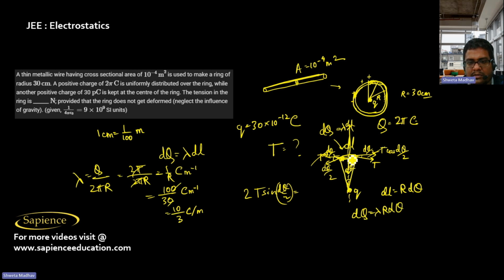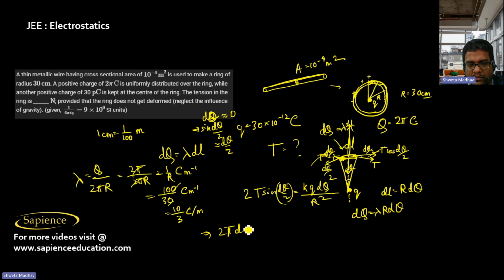So this will be equal to the repulsive force, that is k into q into dq by r square. Since d theta is very small, sin d theta by 2 is approximately equal to d theta by 2 only.